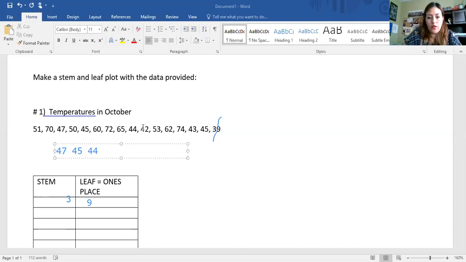Then I have a 42. Then I have a 43 and another 45. So I'm going to add the 43 and another 45. See that? So now I can cancel all of those numbers and I can start writing them down right here. Okay.